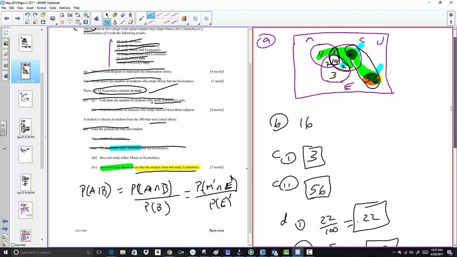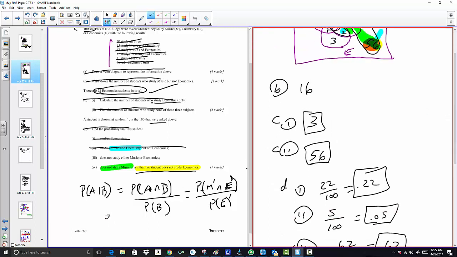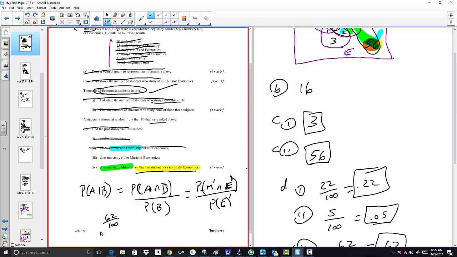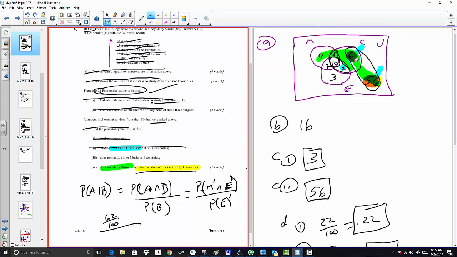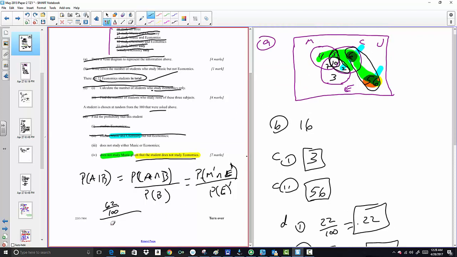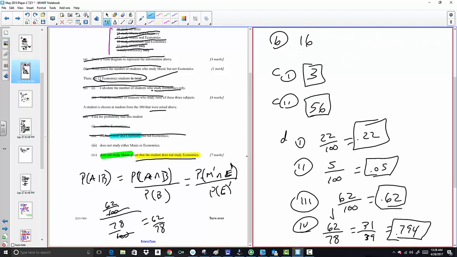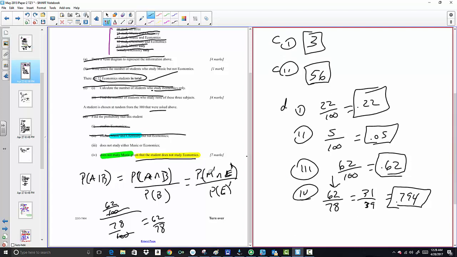Another way of looking at it, if you want, is 62 out of 100, which is the top part. And the probability of getting not economics, which we counted here, was 78. So that's 78 out of 100. And what happens is that these hundreds cancel out, and then you end up getting 62 out of 78, which is what I had for this answer right here, 62 out of 78. So that's how it's kind of done.